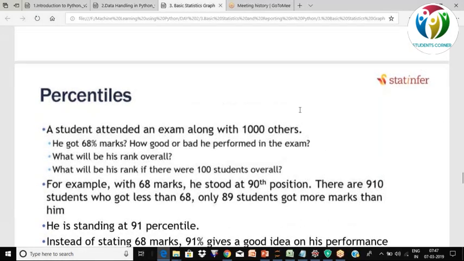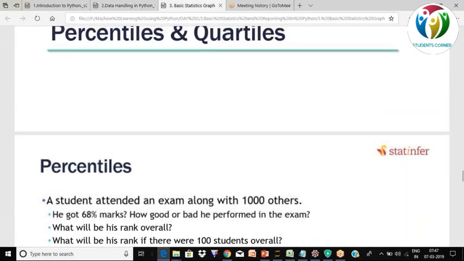So the student got 68 marks. By looking at that percentage, 68 percentage, what is the first reaction, the thought which comes to our mind? Okay, 68% is very low. It's not that good a percentage. That is what we think, right?